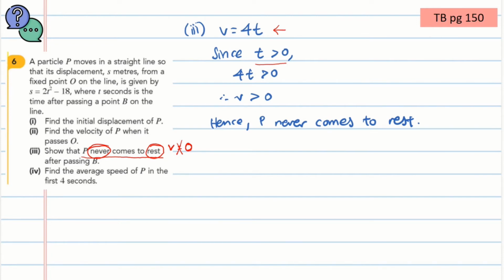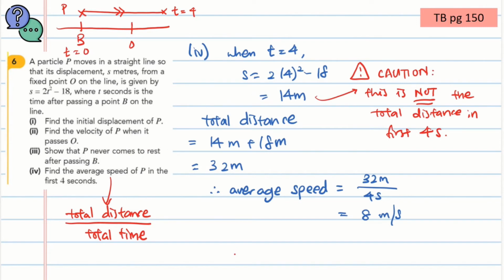Let's move on to part 4. We want to find the average speed of P in the first 4 seconds. Average speed refers to total distance over total time. Again, I want to emphasize that it is total distance, because speed is a scalar quantity.